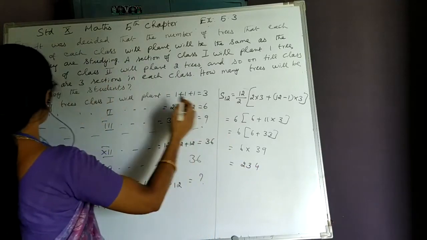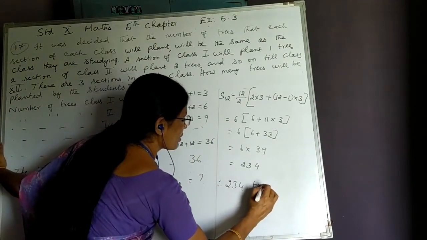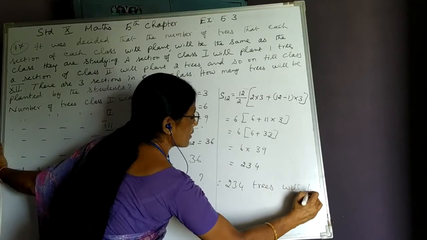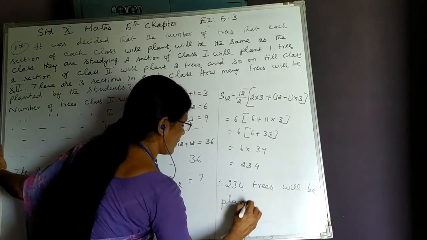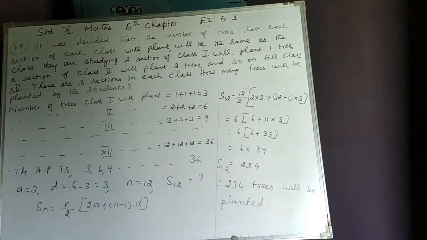So, how many trees will be planted? 234 trees will be planted. S12 is equal to 234.